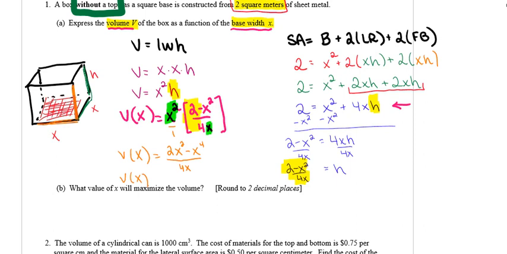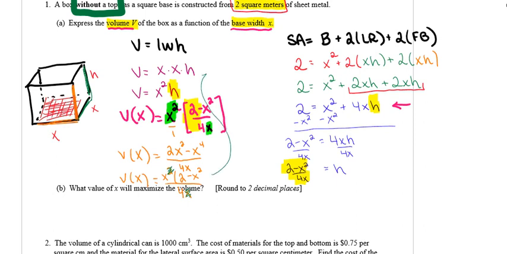I'm going to factor out an x squared from each of the terms in the numerator. And again, you're seeing I'm kind of undoing some of the math I've done here. Now I can remove an x.